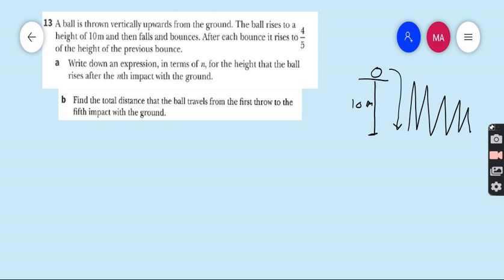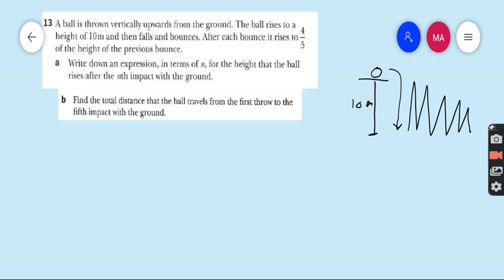After each bounce, it rises to 4 upon 5 of the height of the previous bounce. This is very important. If you are a student of physics, you know the energy conversion. When the ball bounces on the ground, some of its energy is converted into heat energy.